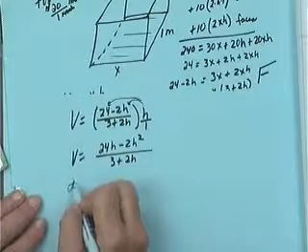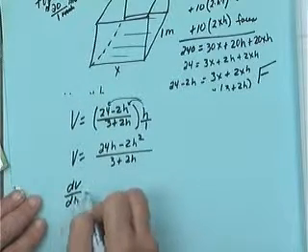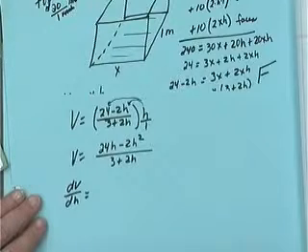All right, so we want to maximize volume. So we're going to take the derivative, and we're taking it with respect to h. What rule are we using? Quotient rule.